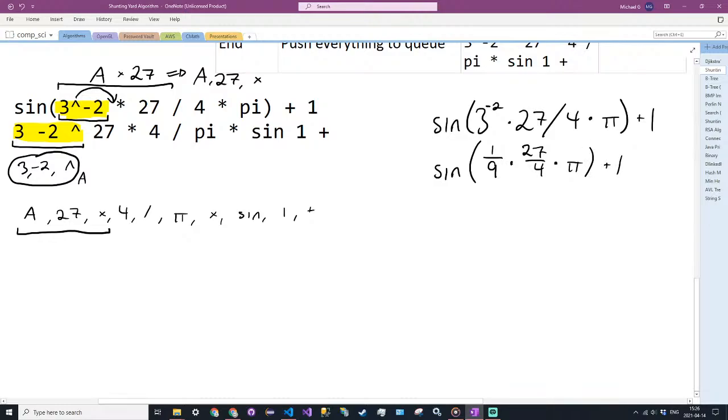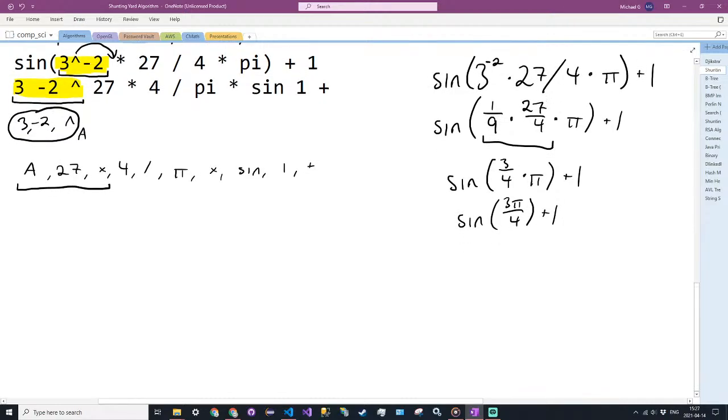And then we evaluate these two now. So sine of 3/4 times pi plus 1. Then we evaluate this: sine 3 pi over 4 plus 1. And then we evaluate this now.